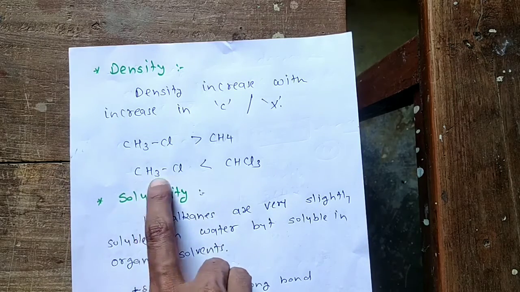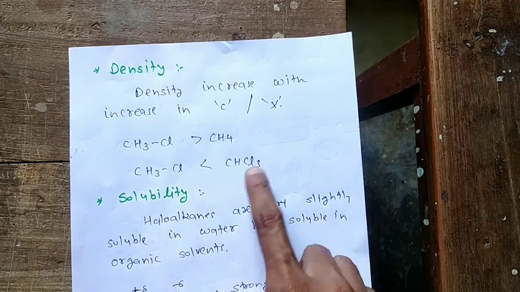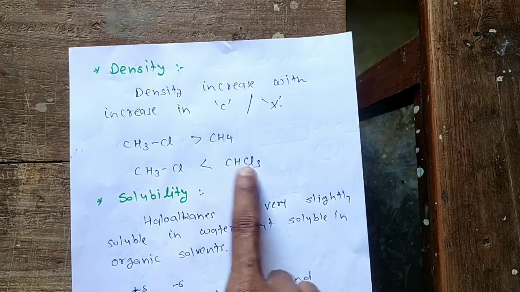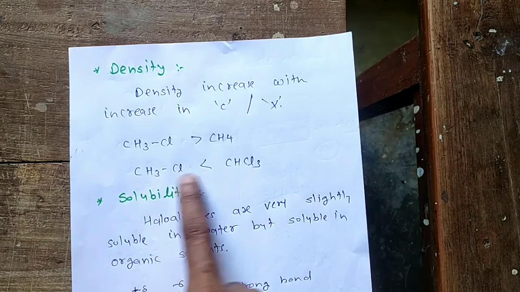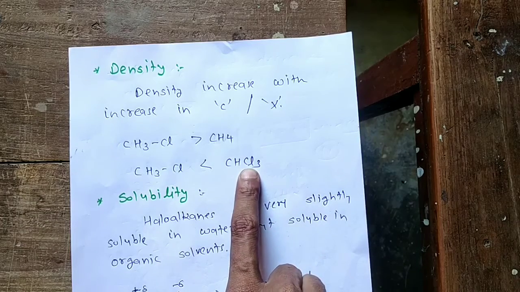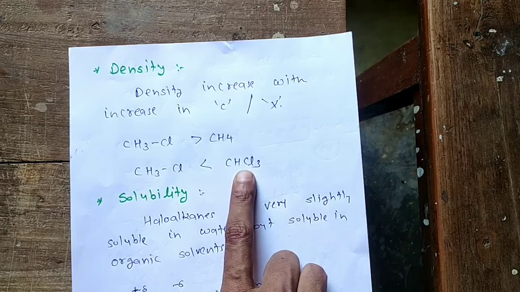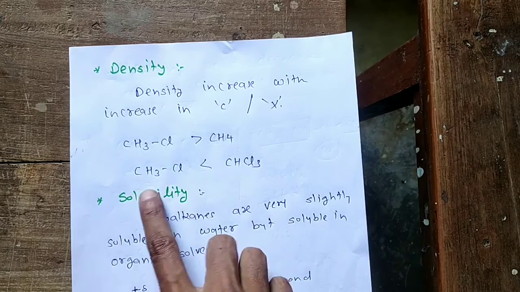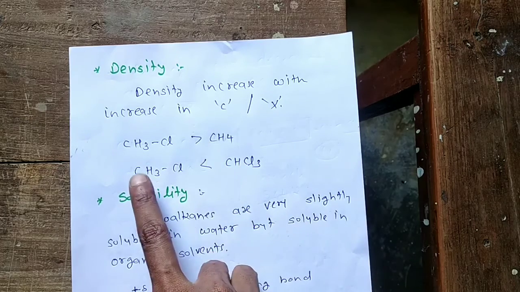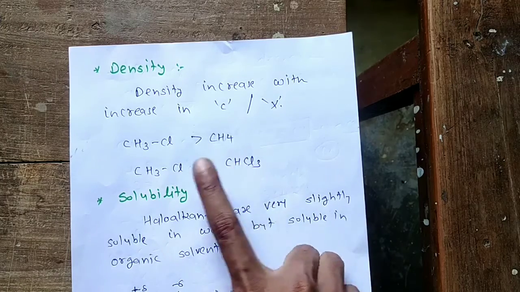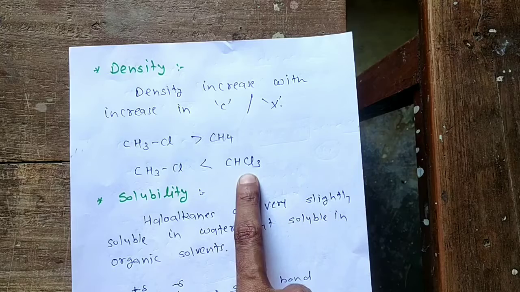Now look at the second structure. The number of halogens increases here. Here 3 halogens are there and 1 halogen is here. So density will increase with increase in halogen, or density increases with increase in carbon also. Suppose I take chloroethane instead of this CHCl3, so the number of carbons also increases.